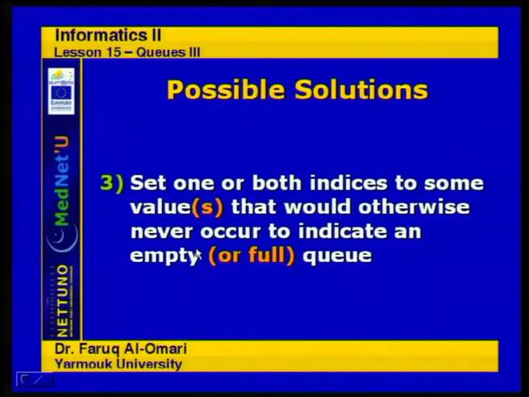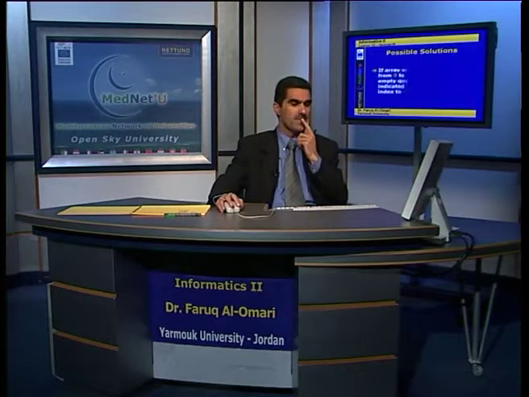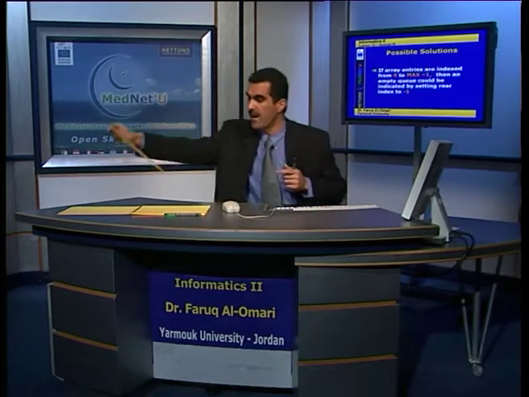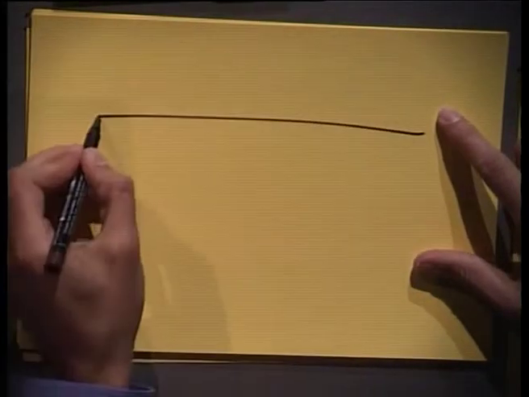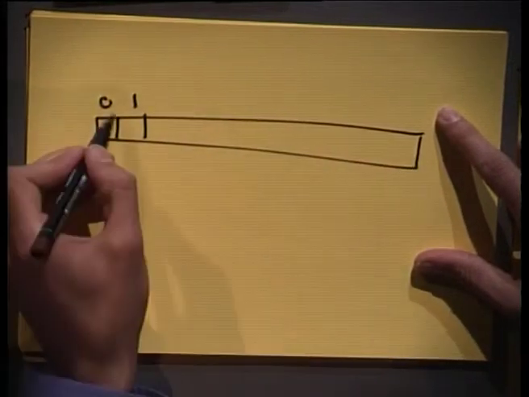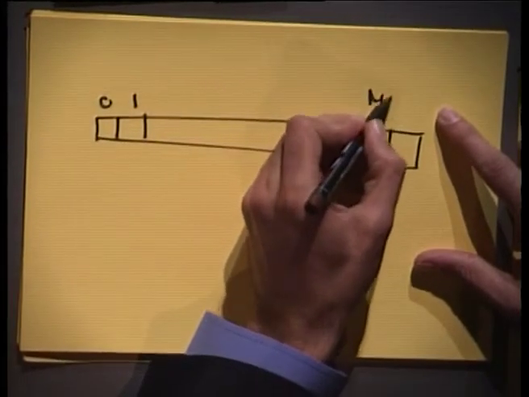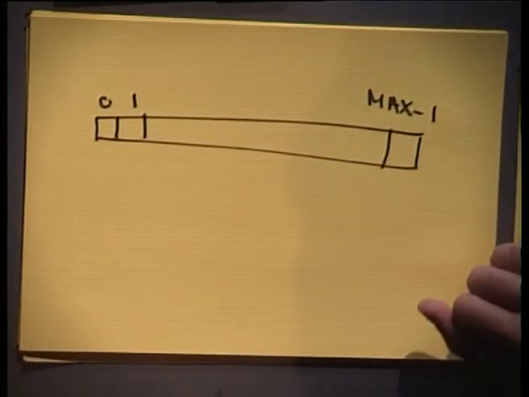However, there is a third possibility for solving this problem, and that is to set one or both indices to some value or values that would otherwise never occur, to indicate an empty queue or a full queue. Like what? Well, I know that the valid indices range from 0 to max-1. So if this is my queue, the possible legitimate indices are 0, 1 up to max-1, or n-1, the way we used to deal with it.